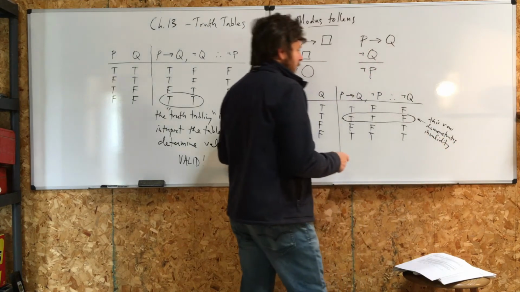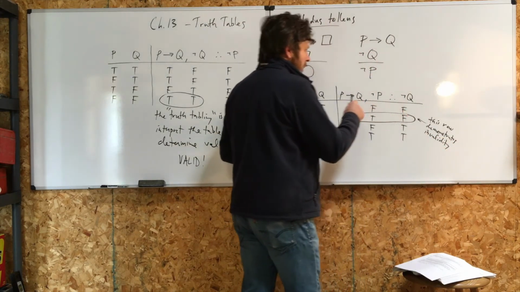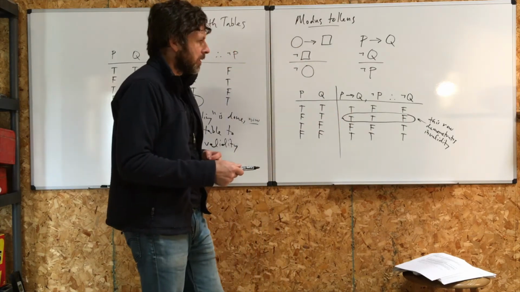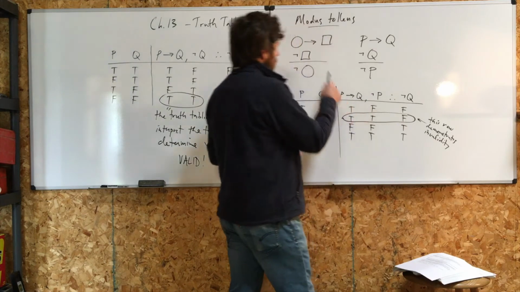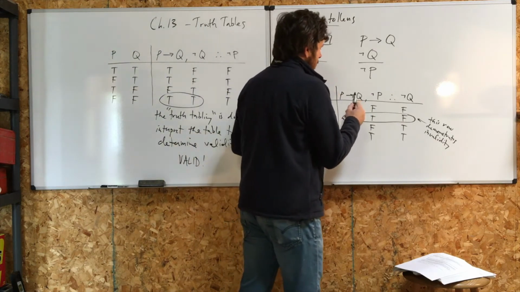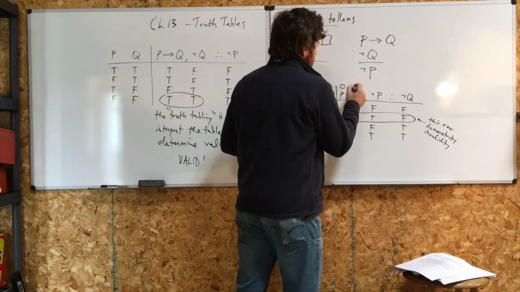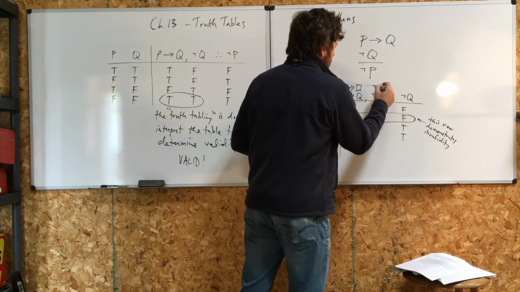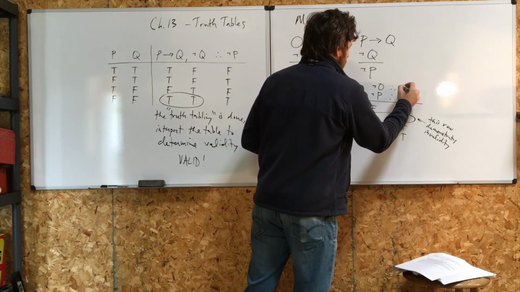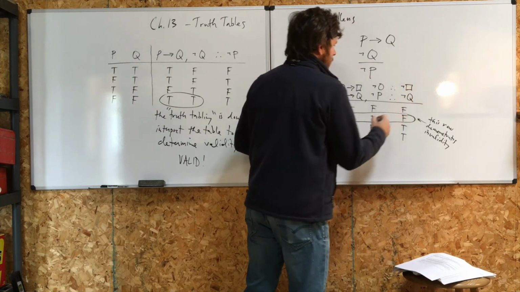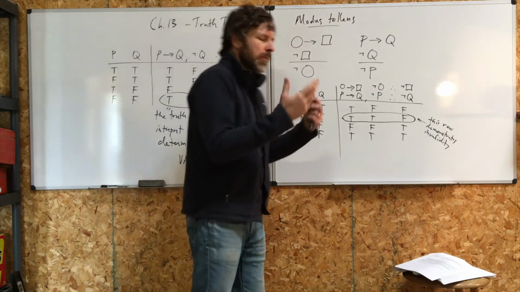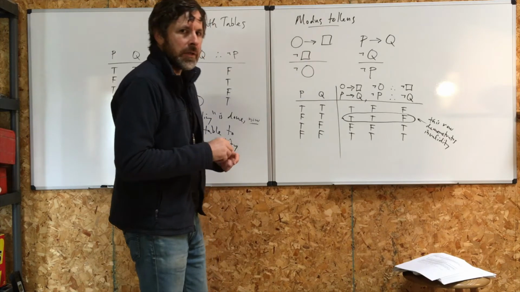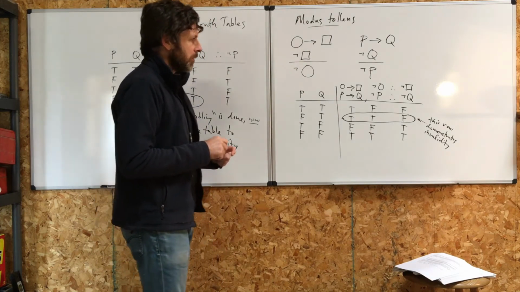Or you could say that this argument form here, denying the antecedent, is invalid. Actually, any argument of this form, circle, arrow, square, not circle, therefore not square, is invalid. The truth of the premises does not guarantee the truth of the conclusion.